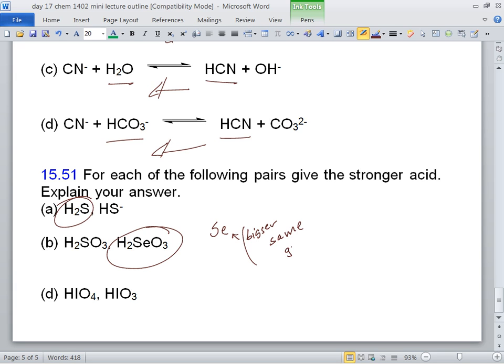Group, because it's up and down. One left. Jose? Yeah, you guessed right. Why? More oxygens. Perfect.